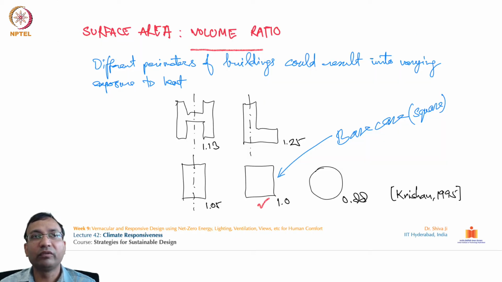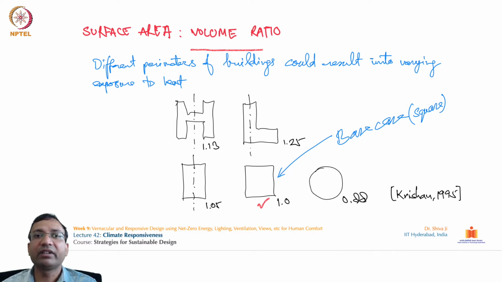So let's move ahead. When we talk about surface area compared to the volume, in the massing chapter we have seen that if we take a cube with one unit volume and one unit surface area, and start disintegrating it, increasing the surface area or reducing the surface area in the given volume, how much will the energy requirements change?